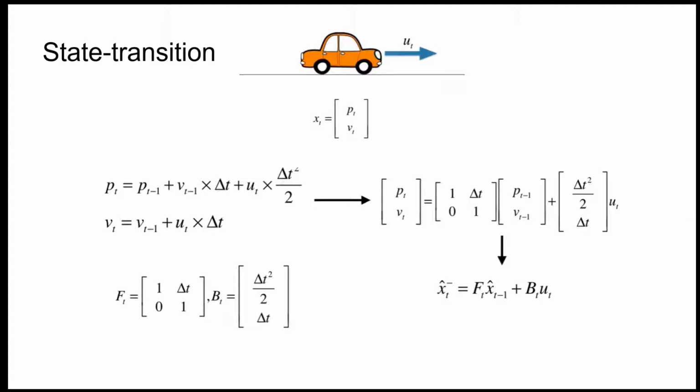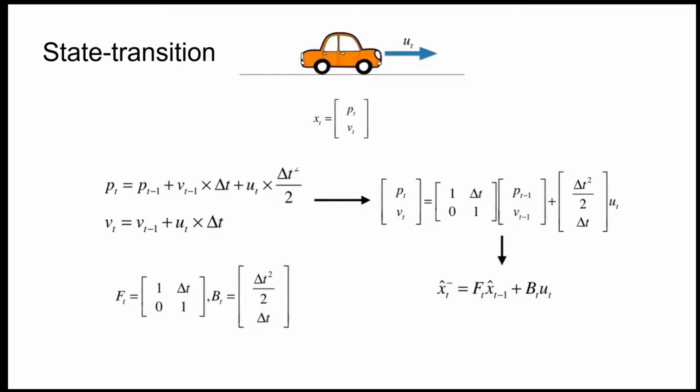B is the control matrix, indicating how the control quantity U acts on the current state, where x is an estimated value because the true state of the car we don't know. We can only estimate the value of x as much as possible based on observation.